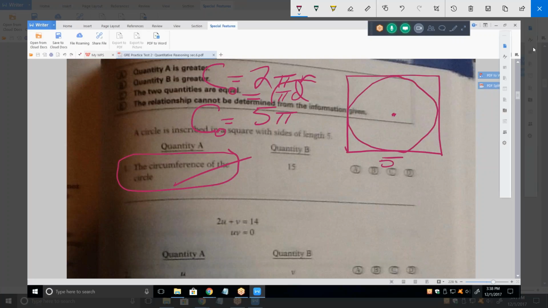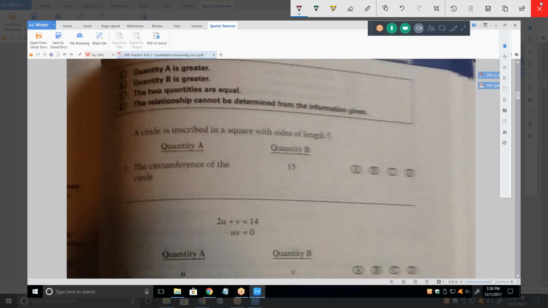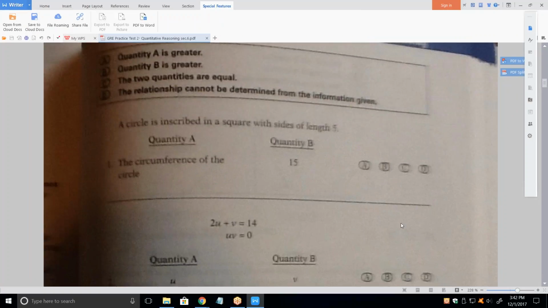I do not like anything in terms of diameter. They'll give you a lot of problems where they give you the diameter, and when they do, the very first thing I do is take half of it and use all the formulas that use radius. Okay. Only because most of your formulas do use radius. They don't use diameter.